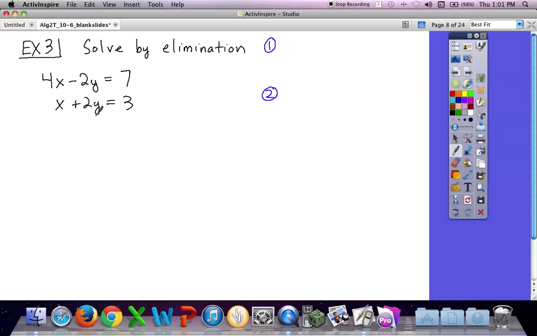Okay, what we need to be true is we need the coefficients of one of the variables to be exact opposite numbers. Like in this case, for y, the coefficient in the first equation is -2. The coefficient in the second equation is +2. Right? When that is true, then you go on to the second step and you add the two equations.